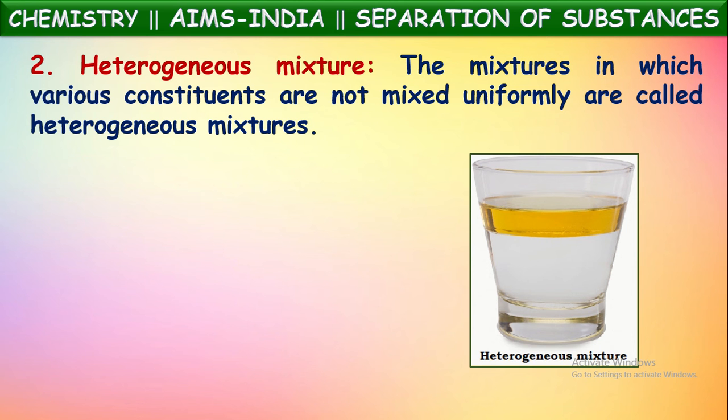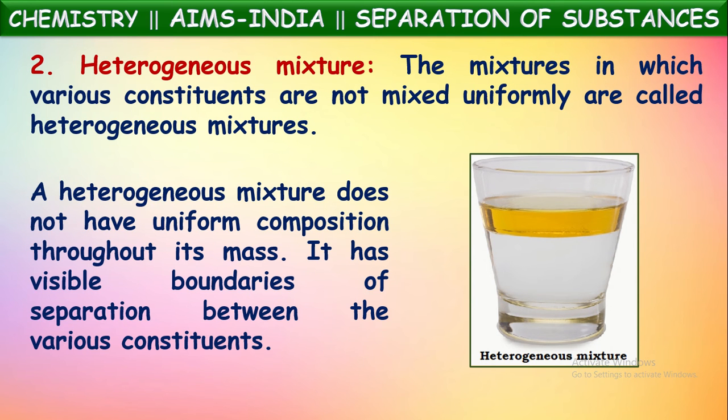No, they won't mix with each other. They form two separate layers. The denser water will go down, whereas the lighter oil will float on the water. This kind of mixture, in which the components are not mixed uniformly, is called a heterogeneous mixture.